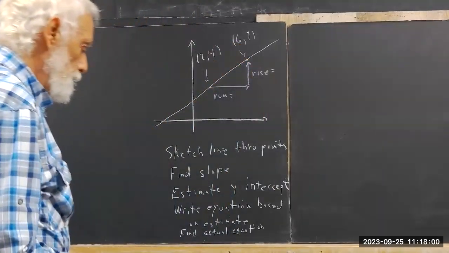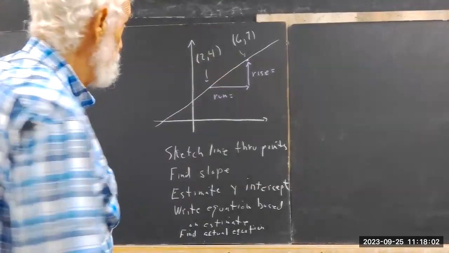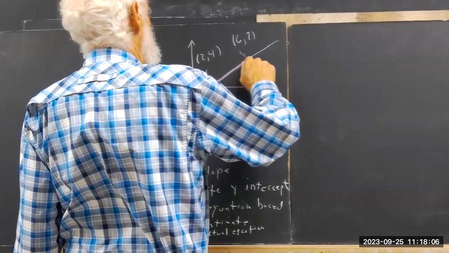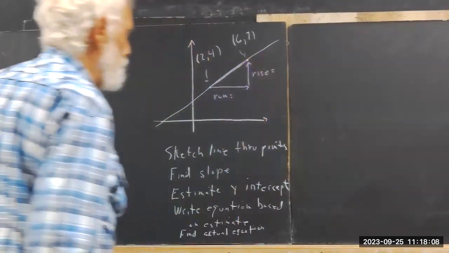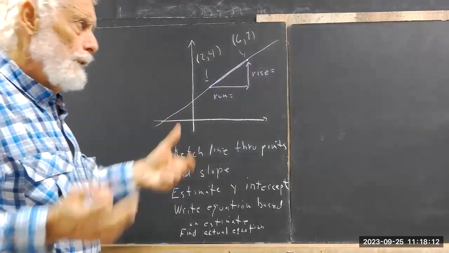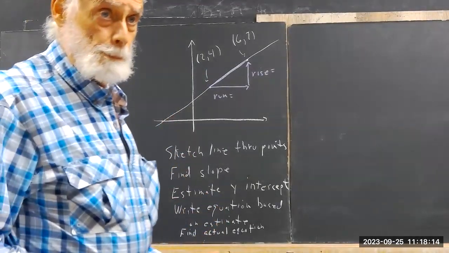I really recommend that you make this picture and then complete a triangle so you can see all this within a triangle. It just gives you a better feel for what you're doing.